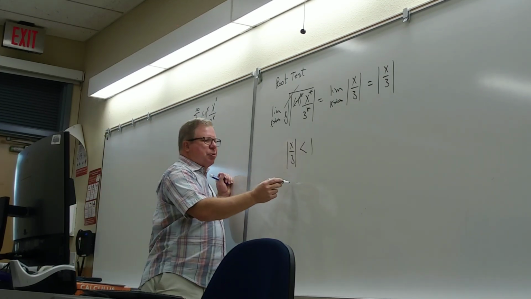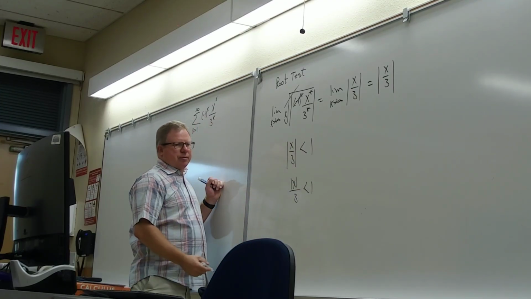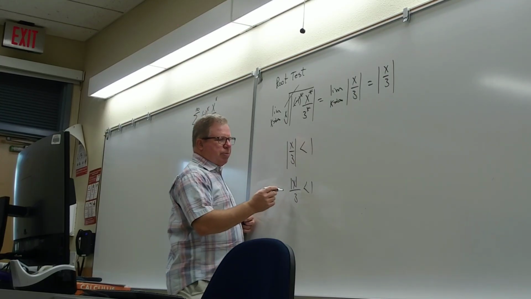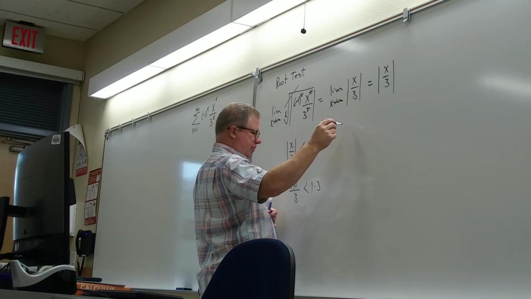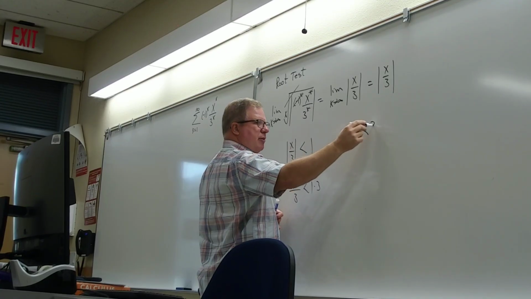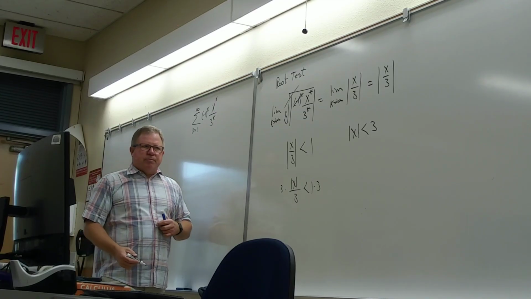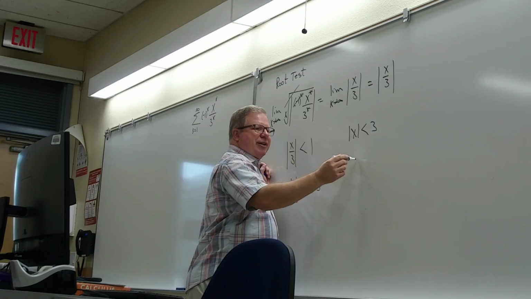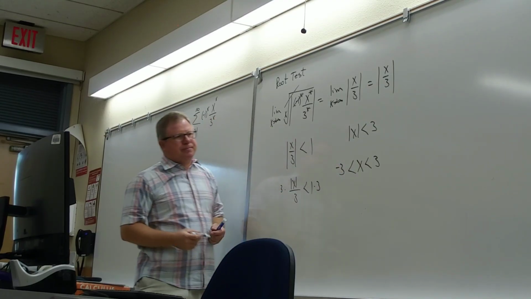Well, the absolute value of 3 is 3, and so we multiply by 3 on each side. We have the absolute value of x is less than 3. And from high school algebra, when absolute value is less than 3, x is between -3 and 3.